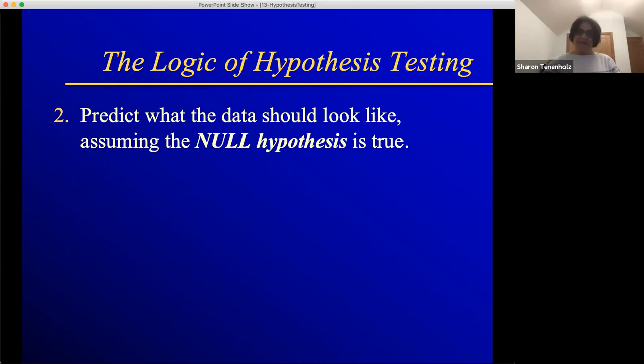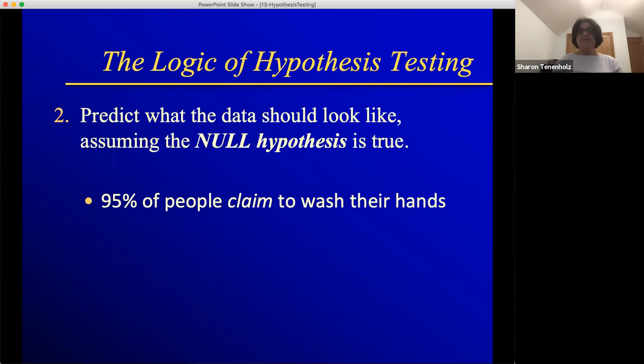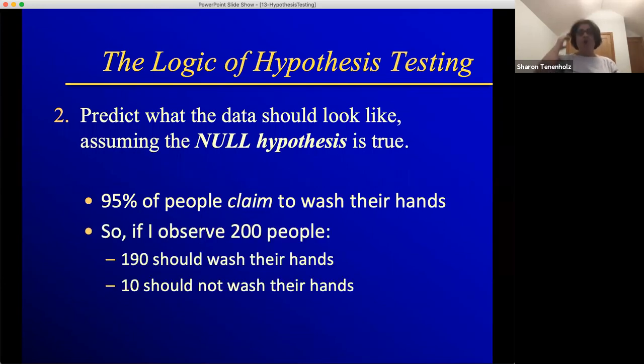Now for this example, 95% of people claim to wash their hands. That's what the data tells us. So if my null hypothesis is true and people do actually wash their hands at least as frequently as they claim, and I go out and I observe 200 people, then at least 190 of them should wash their hands, whereas only 10 of them should not wash their hands.